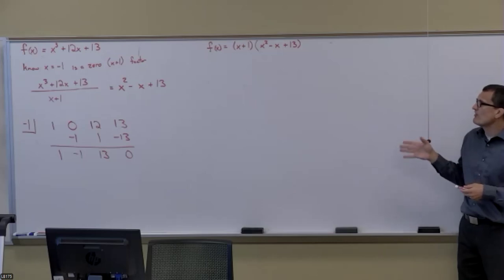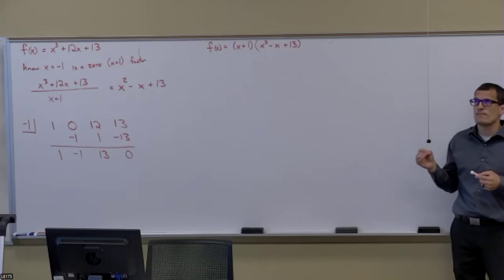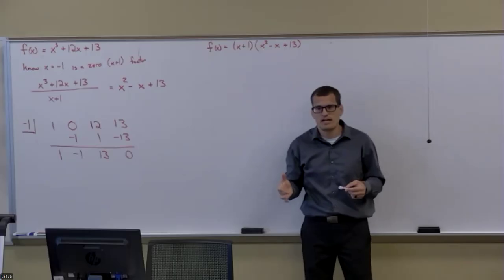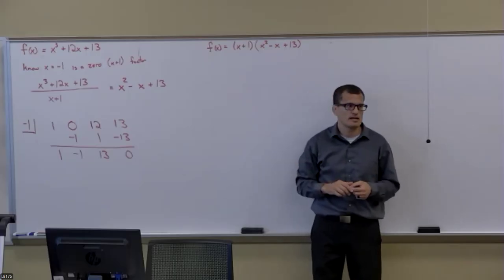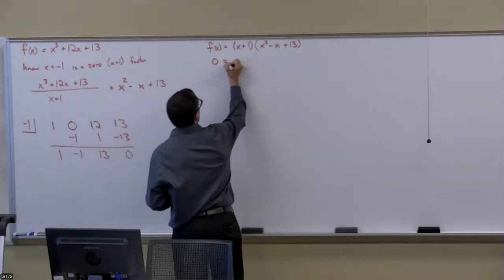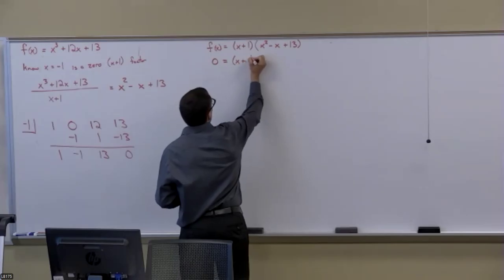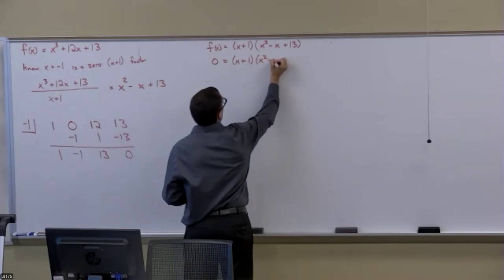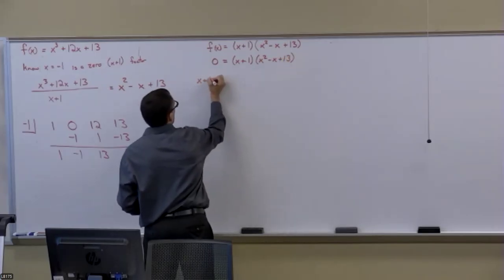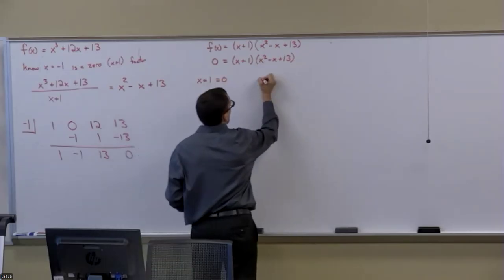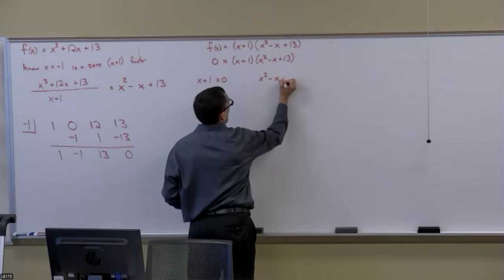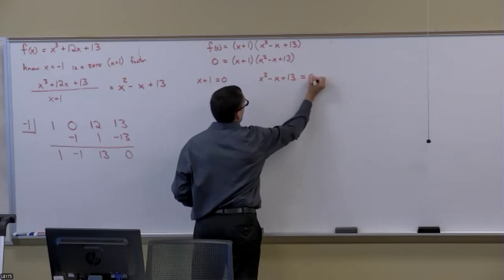There's going to be no integer factors of x squared minus x plus 13. You try to factor 13, there's no 2 that add up to -1, right? And so we're going to set this thing equal to 0. And then each one of these factors, the linear piece and the quadratic piece, are going to be set equal to 0.